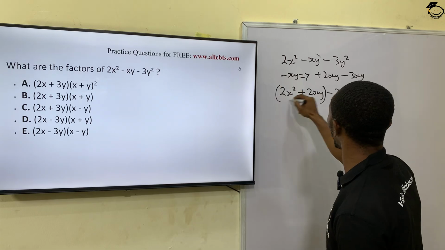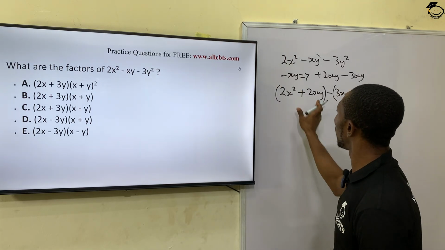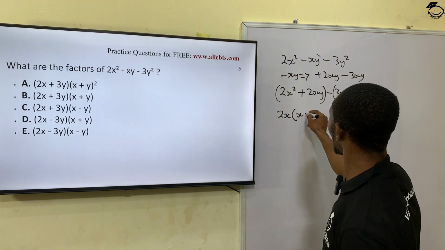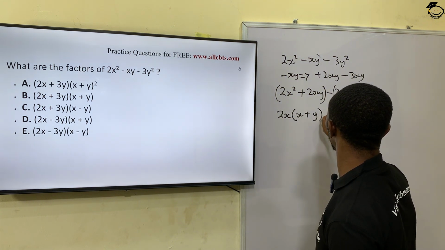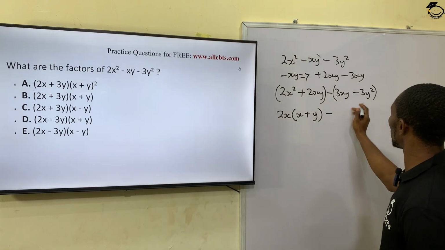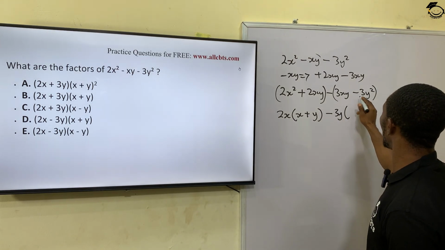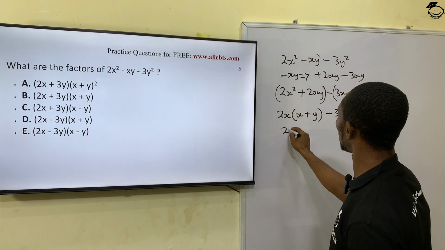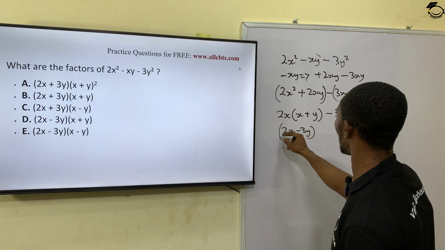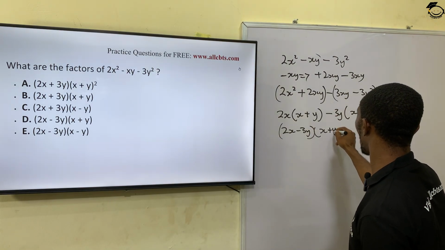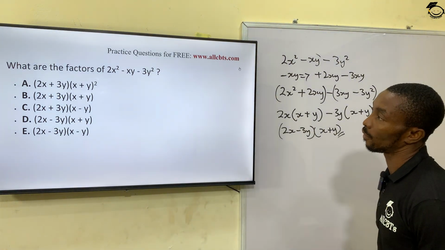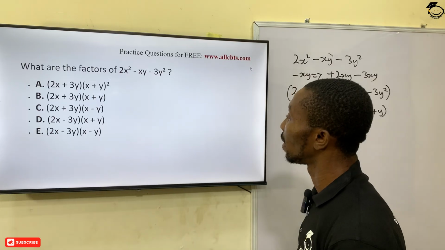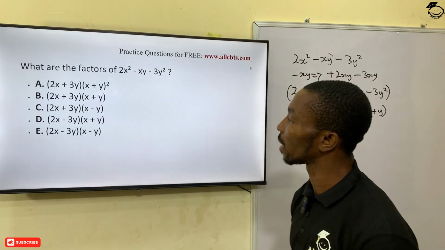Now we can factorize this. What's common here is 2x, so x plus y; what's common here is minus 3y, which will leave us with x plus y. So here we have 2x minus 3y and x plus y. So these are the factors of this: 2x minus 3y and x plus y.